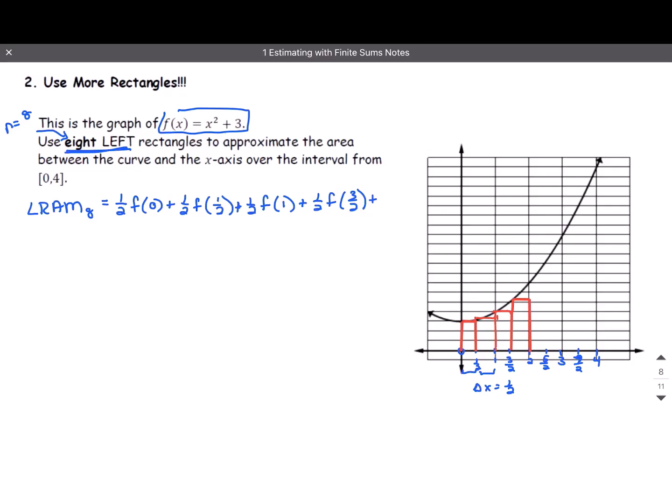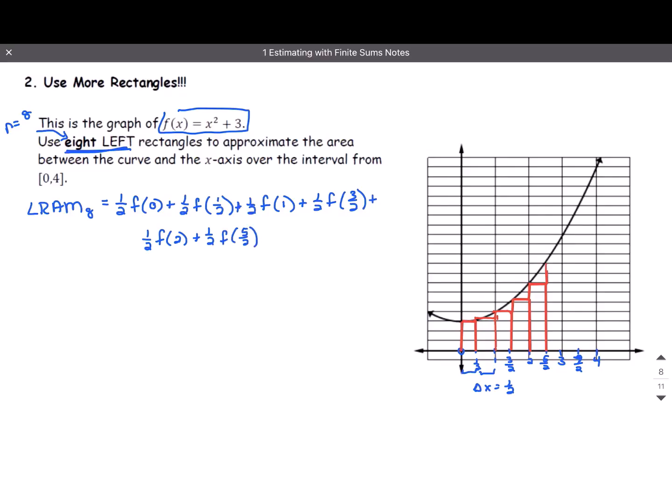Now we have an interval from 2 to 5 halves. Again, that's a change of 1 half, but 2 is on the left, so we're going to use the height at 2. We're going to go up, then we're going to come over, then we're going to come down. Next, from 5 halves to 3, that's also a change of 1 half, but 5 halves is on the left.